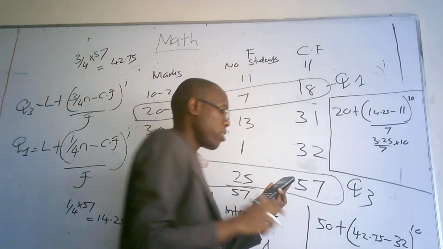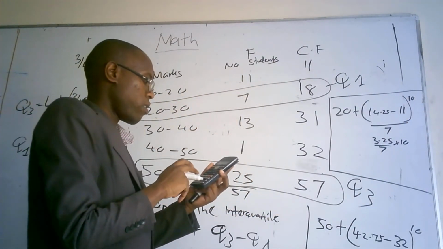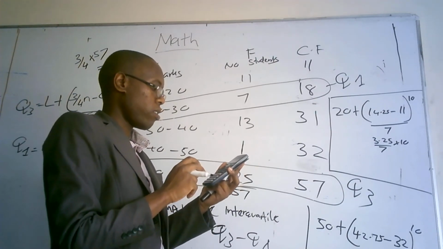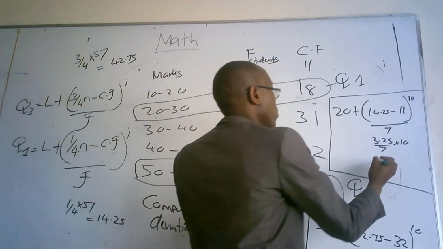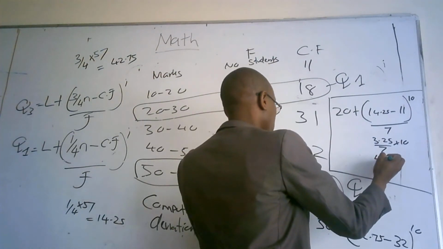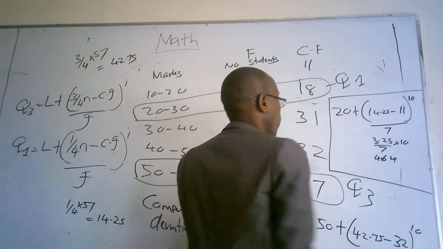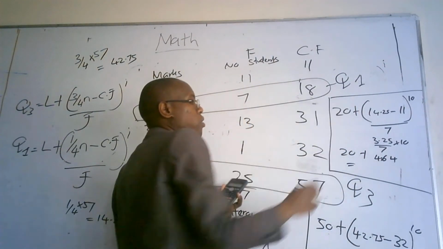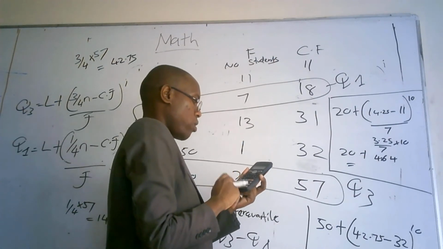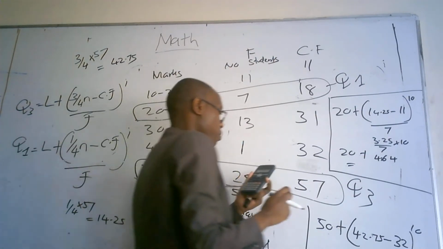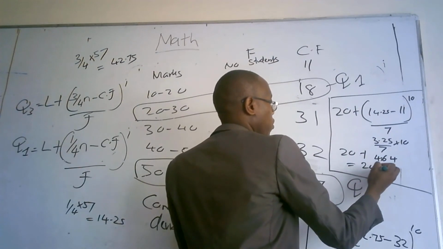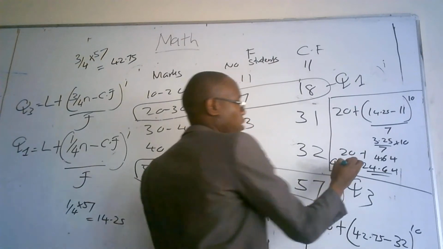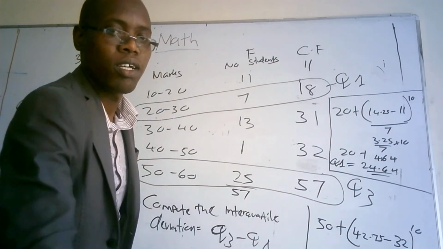So divided by 7, and then you multiply by 10. So the answer will be 4.64. So you add plus your 20 here. If you add plus 20, you will get 24.64 as your Q1. So that's how you get Q1.